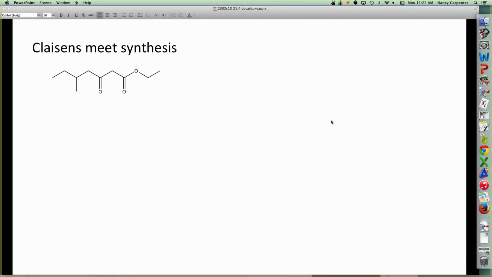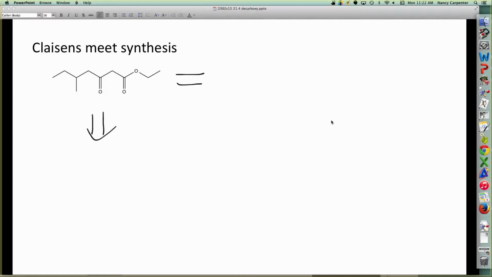So our bell and whistle synthetic target is that we're looking for a 1,3-dicarbonyl. So when we see that kind of functionality in our target, we know that we can make this by a Claisen reaction.